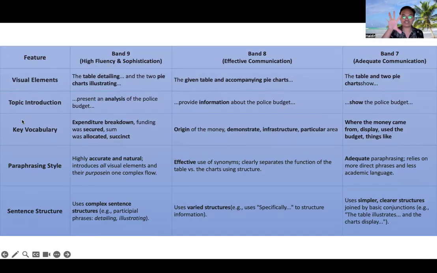There are 5 distinctions among the 3 introductions. So here are the justifications why option A has got Band 9, why option B is considered Band 8, and why option C is still good actually, Band 7. Okay? All right. Now, do you have any questions so far?